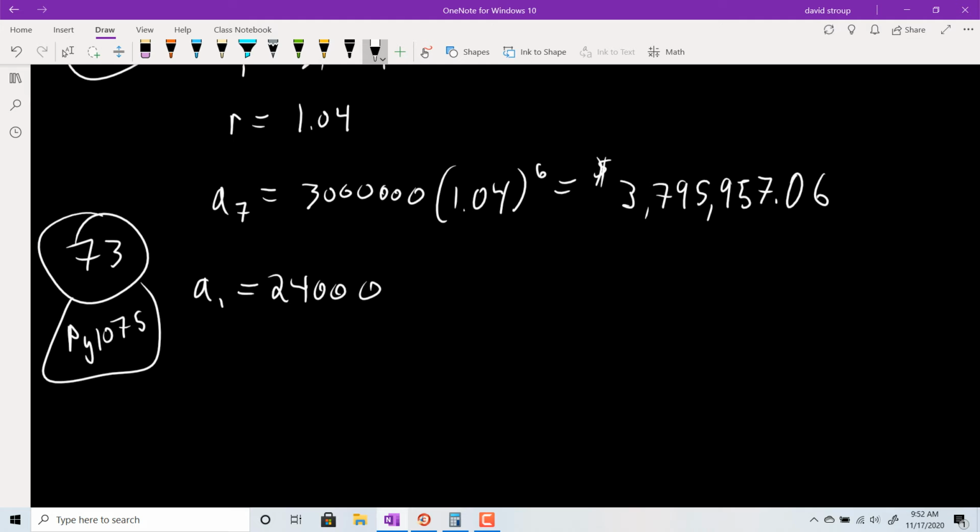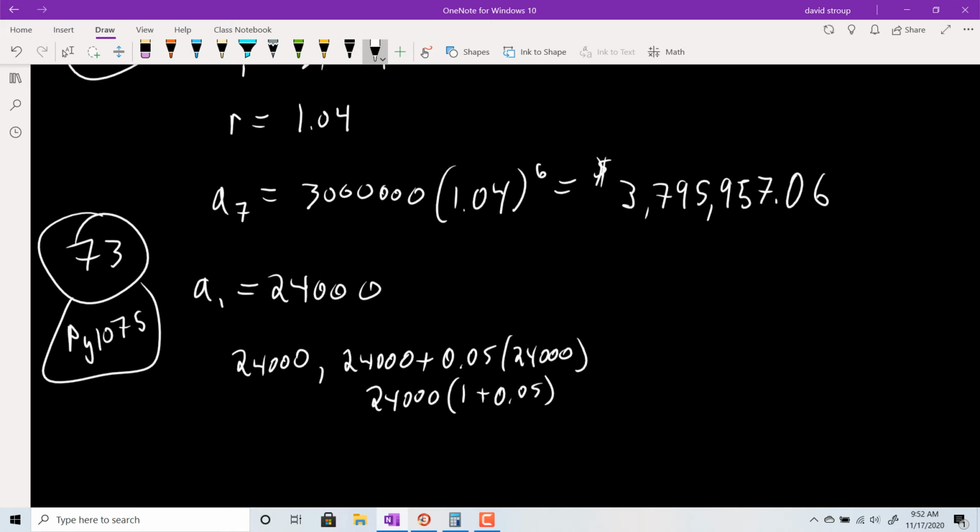It's because you'll begin with 24,000, and then the next year it'll be 24,000 plus 0.05 times 24,000. But if you factor out the 24,000, you'll have 1 plus 0.05, so you'll have 24,000 times 1.05. That's why the r value here is 1.05, and the same for the previous question, the r value is 1.04.